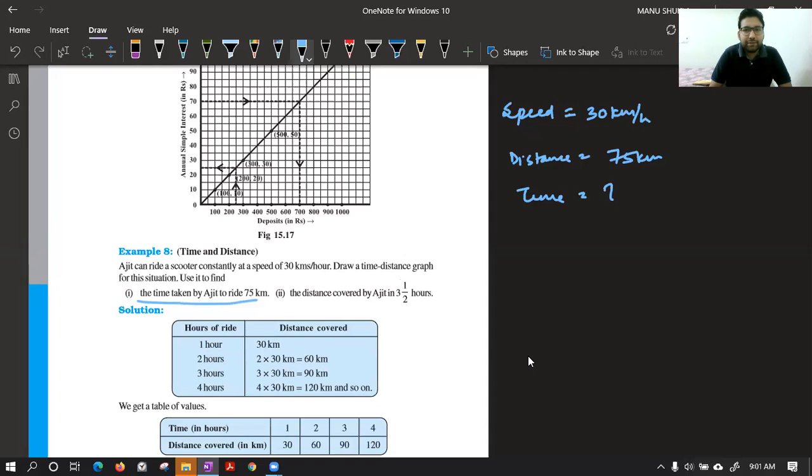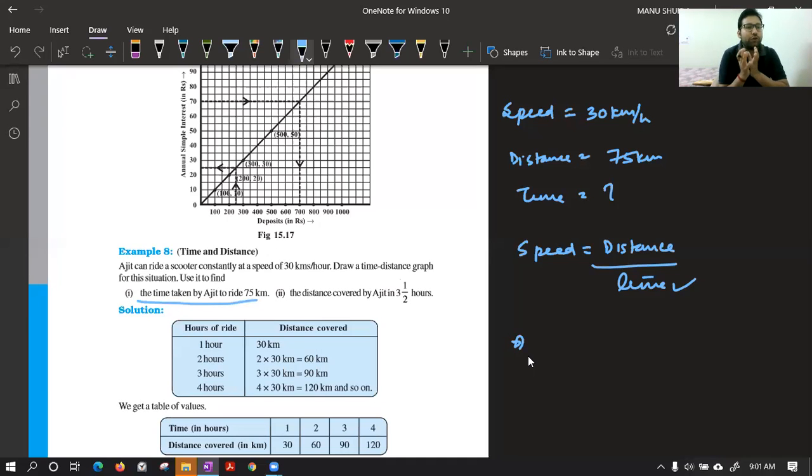So we can say speed, we all know, is equal to distance upon time. Speed is given to us, distance is given to us. We have to find the time.